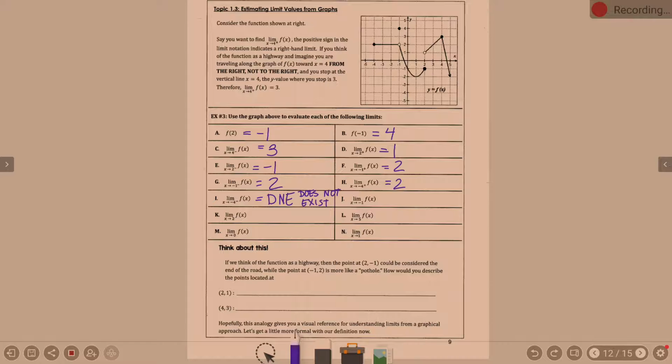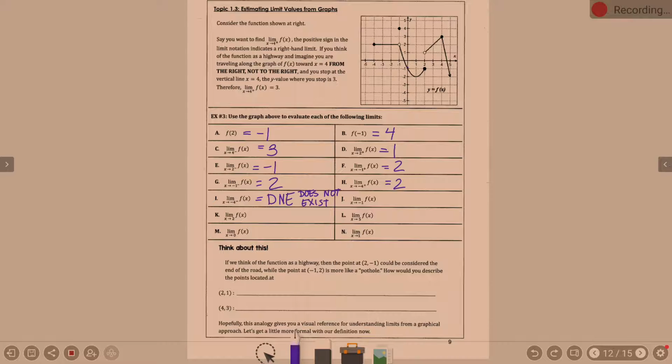Okay with that one? Okay, J. What are we doing? x approaches -1. Notice, it's not from the left, it's not from the right. So what has to be true? Both ways, and they have to meet at the same place for this to happen. Okay, so as x approaches -1, so we're looking right in this area, yes? No, not there. Oh my goodness.